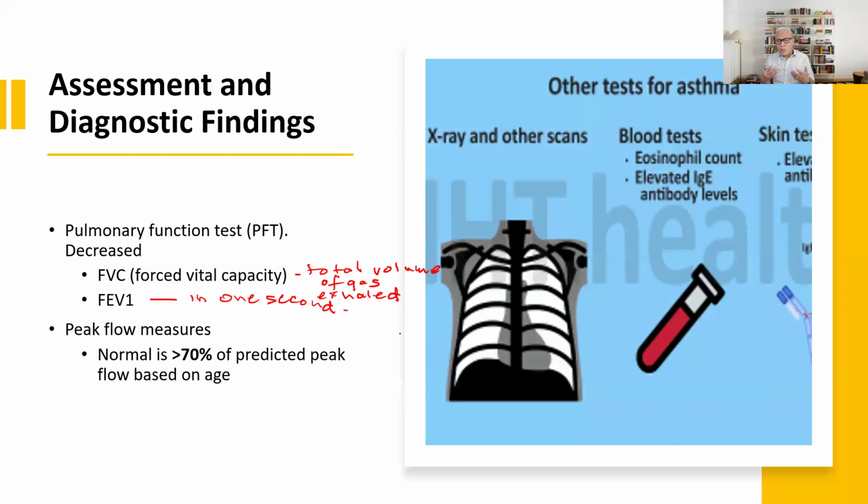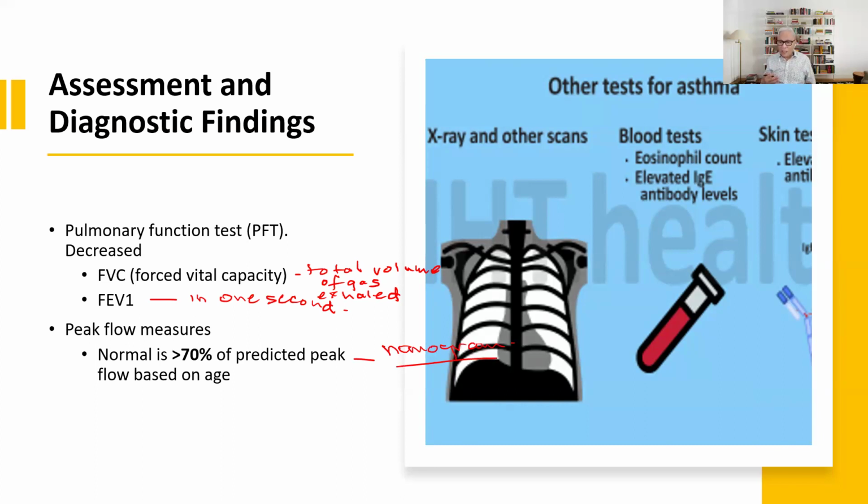So what is the normal PEFR, or the peak expiratory flow rate? Well, it should be greater than 70% of the predicted peak flow for the client's age. We're not going to be able to memorize this because there's a nomogram that you would have to refer to based on the patient's age.